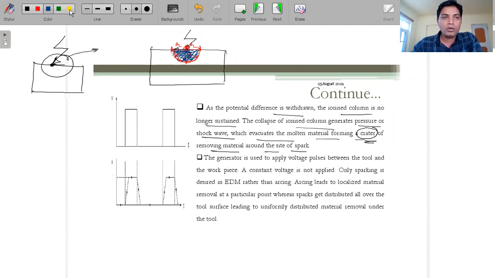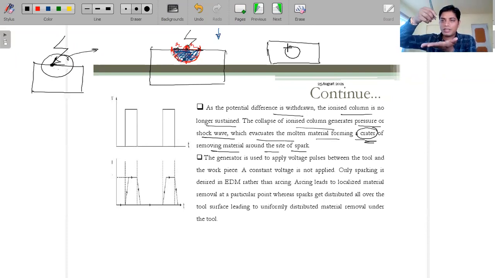Okay guys, one more thing: this is the front view. When you see the top view, you have to see from this side. When you see the top view, this is the center and this is r, and it will look like this one, because the spark is generated in this area.